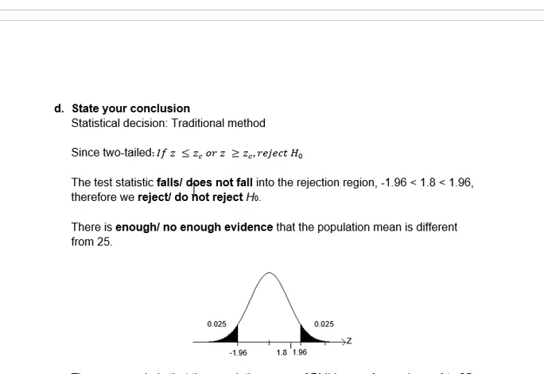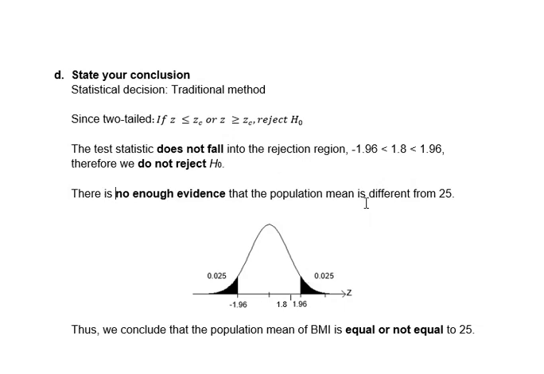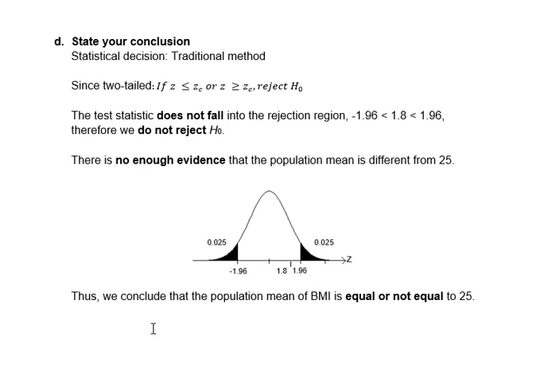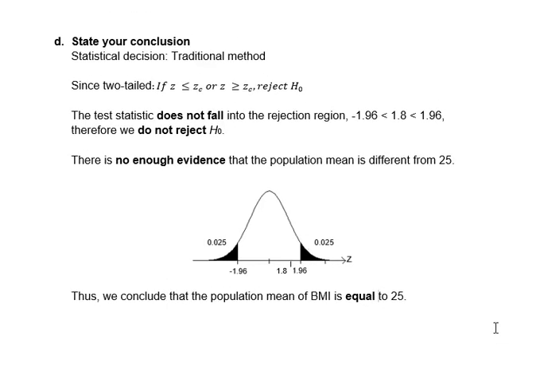So it does not fall into the rejection region. So we do not reject the null hypothesis, and it means that there is not enough evidence that the population mean is different from 25, so we could conclude that the population BMI is actually equal to 25. So this is the answer to your question. With that, good luck doing this exercise.